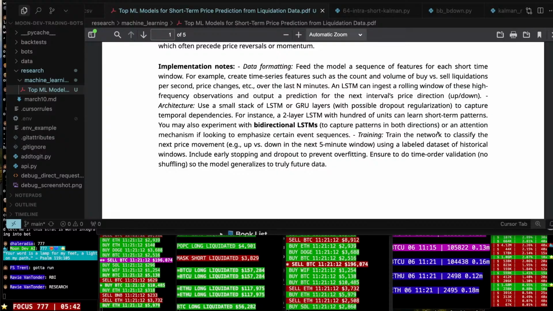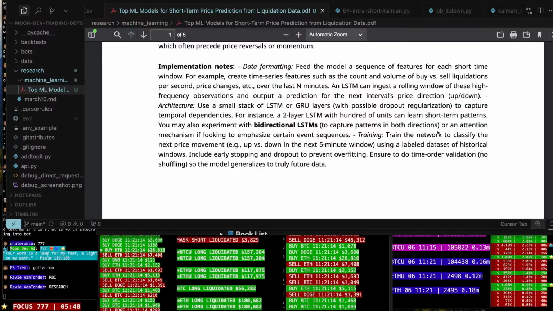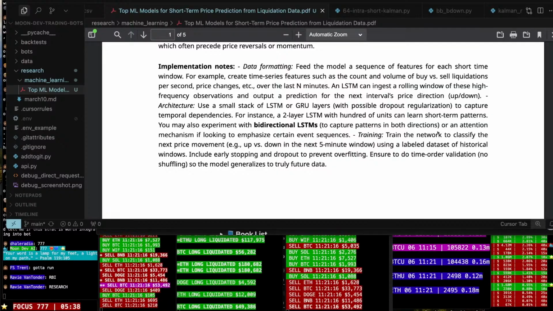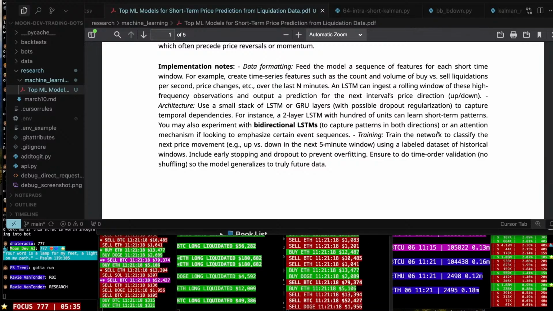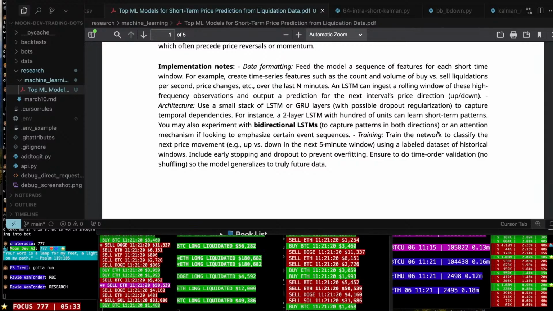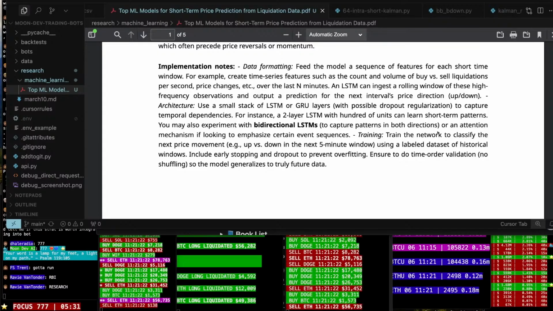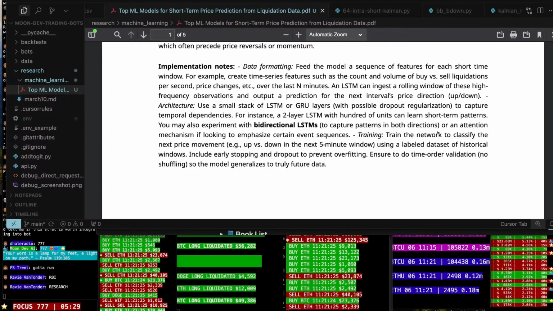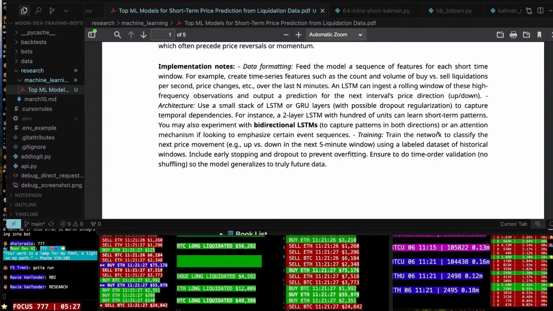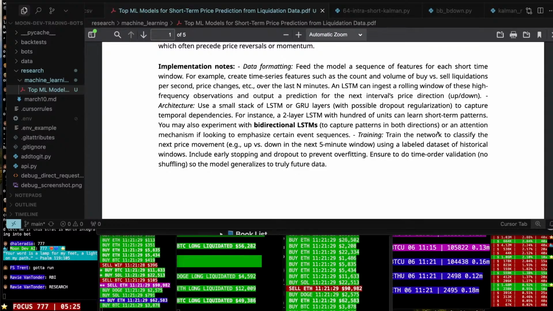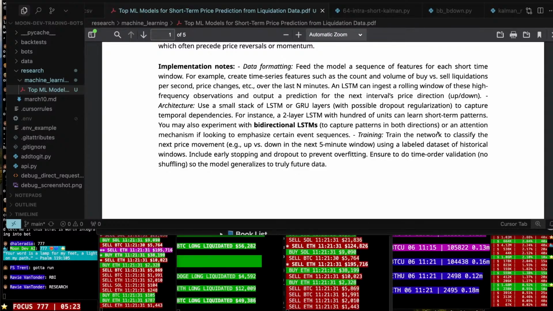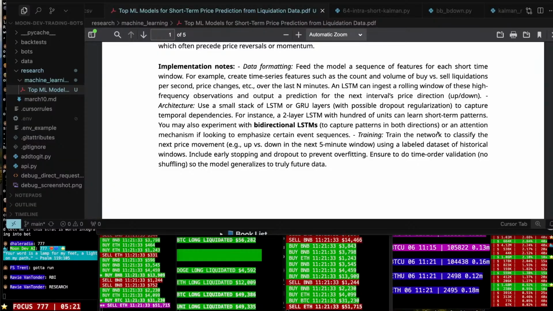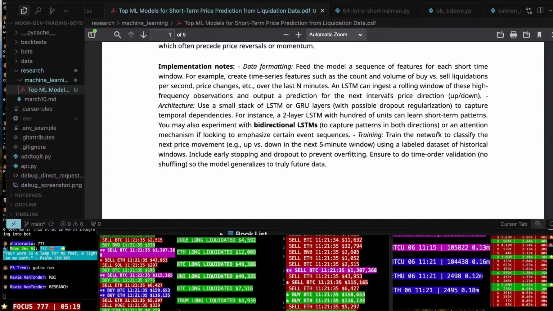For example, create time series features such as the count and volume of buy versus sell liquidations per second, price changes, etc. Over the last n minutes, an LSTM can ingest a rolling window of these high-frequency observations and output a prediction for the next interval's price direction.